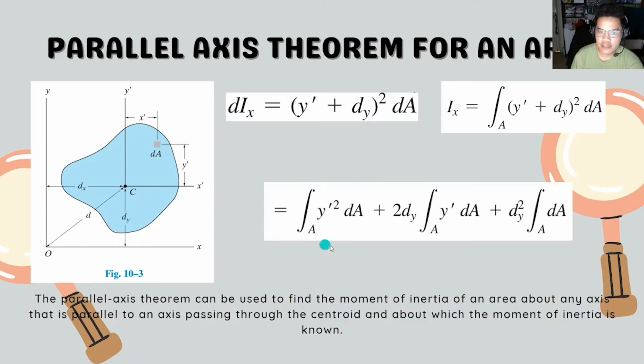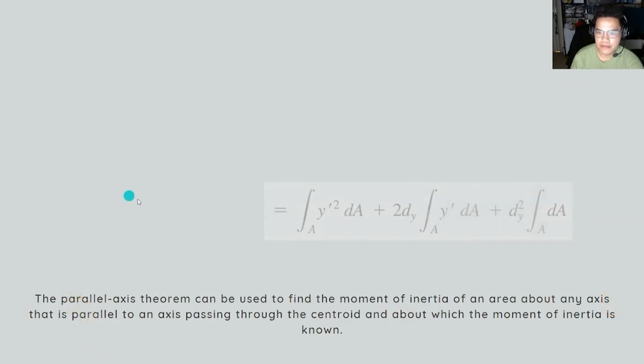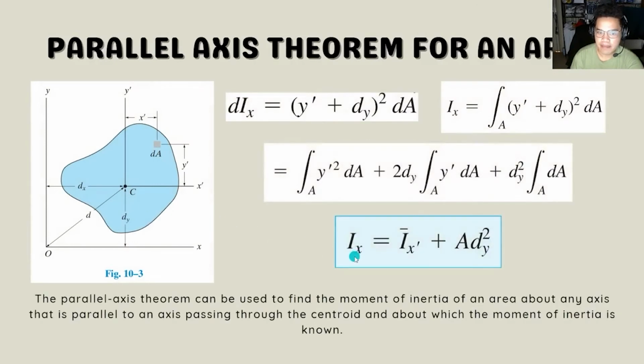The first integral represents the moment of inertia of the area about the centroidal axis, I bar sub x prime. The second integral is 0 since the x prime axis passes through the area's centroid C. Since the third integral represents the total area, the final result is therefore I sub x equals I bar sub x prime plus A times d sub y squared.